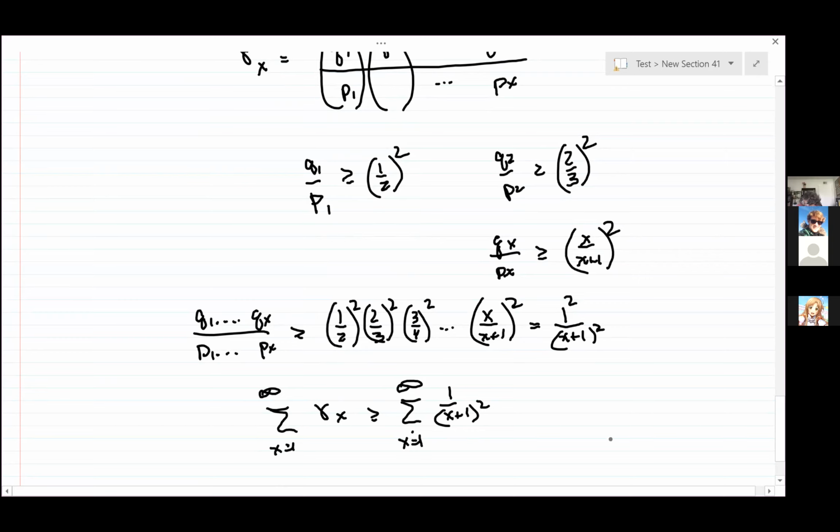This looks like the sum, and with 1, it looks like 1/2 squared plus 1/3 squared plus 1/4 squared. It's that infinite series. Okay, now you're back in calculus. Does that infinite series converge or diverge?